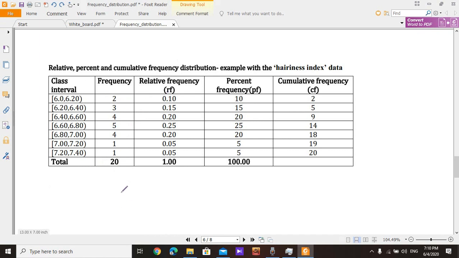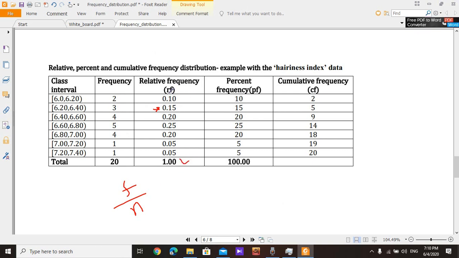The relative frequency is the number of observations in a class divided by the total number of observations, that is f by n. So in the first class we have the relative frequency 2 by 20, which gives 0.10. Then for the next class we divide 3 by 20, so we have 0.15, and so on. The total must be 1.